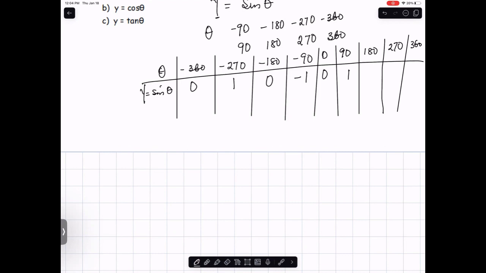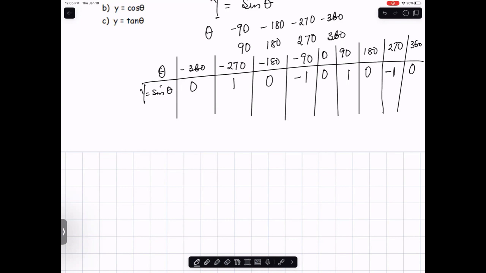We have sine 180, which is 0. We have sine 270, which is -1. And we have sine 360, which is also 0.